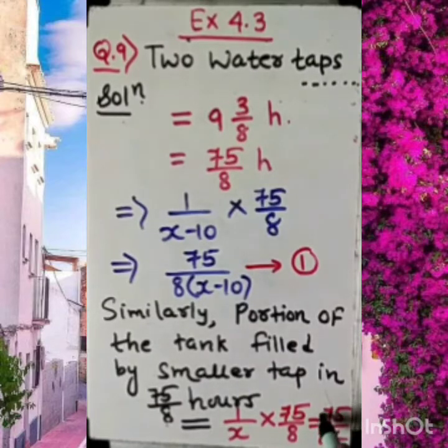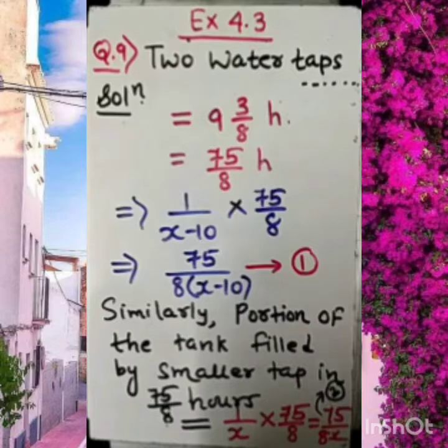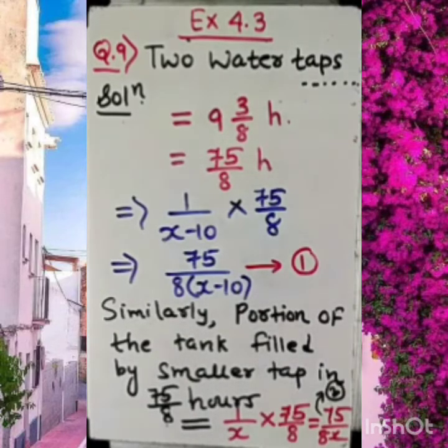Fine. Now both of the tapes are started together. Then how much time it is taking, that is already given. We are given here, find the time in which each tape can separately fill the tank. Okay, so let's work out on result number one and number two.